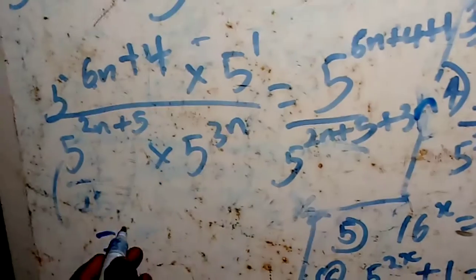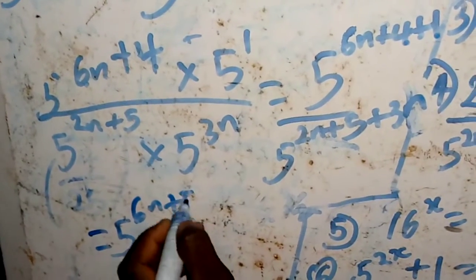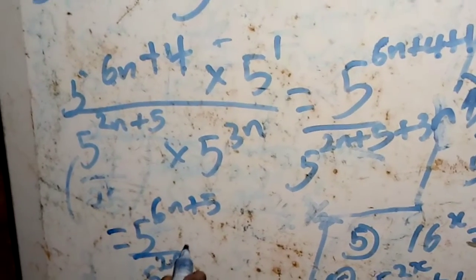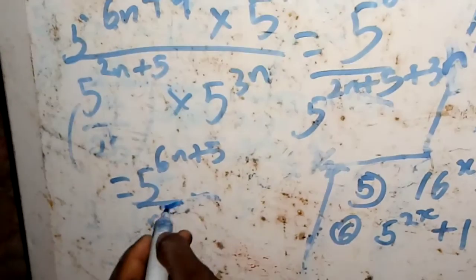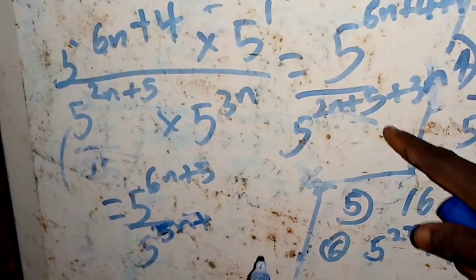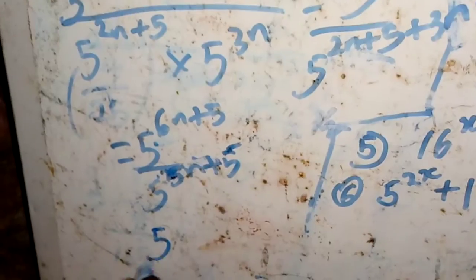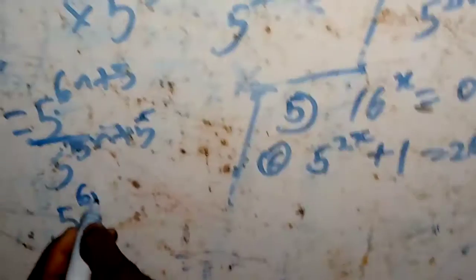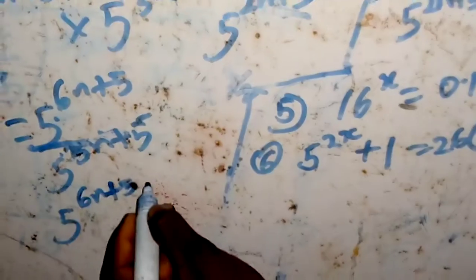So your final answer will now be 4 plus 1, that's 6n plus 5, divided by 5 raised to power 2n plus 3n, that's 5n. So 5n plus 5. So looking at this, you pick 1. Since this is divide, it turns to minus. That's 6n plus 5, this divide turns to minus.